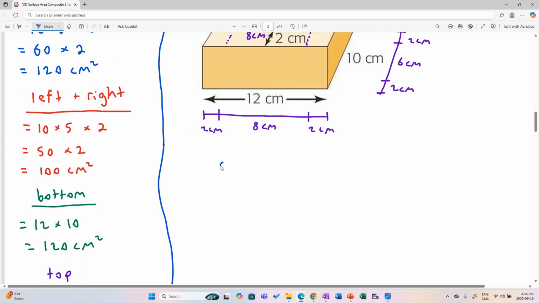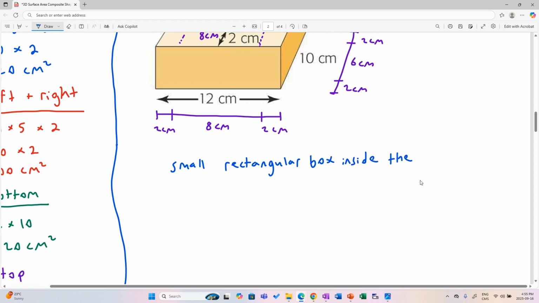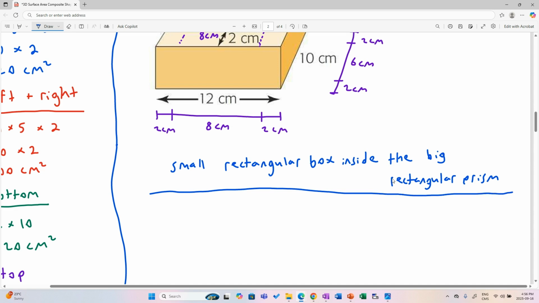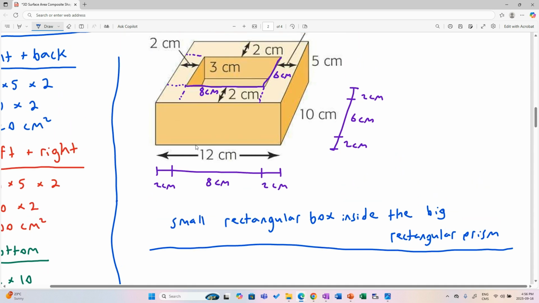I'm going to call this the small rectangular box inside the big rectangular prism. I'm just doing this to keep my thoughts organized. So if I make a mistake, I can go back and check where I made that mistake.